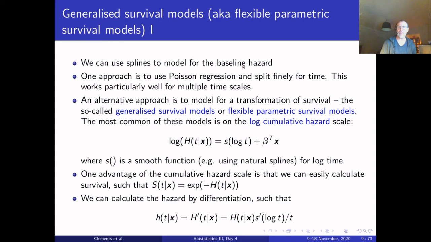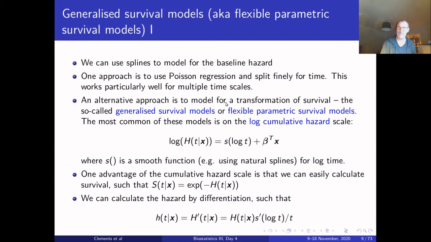So we can use splines to model the baseline hazard, and one approach would be to use Poisson regression, split finely for time, and then use splines for smoothing. This works especially well for multiple timescales.